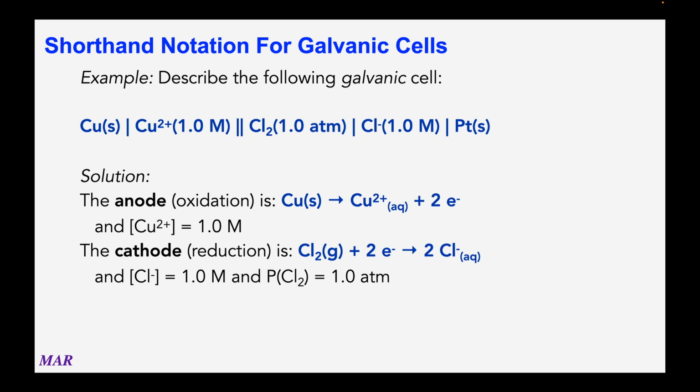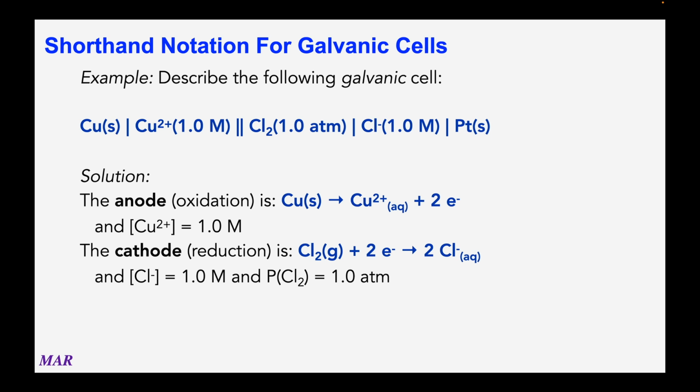Chlorine is a gas at 1.0 atmospheres. That's the pressure of the gas. And the chloride on the other side too is at 1.0 moles per liter. So those are the concentrations and the pressures of the gas. It's the gas that's accepting the electrons to make chloride in this case.